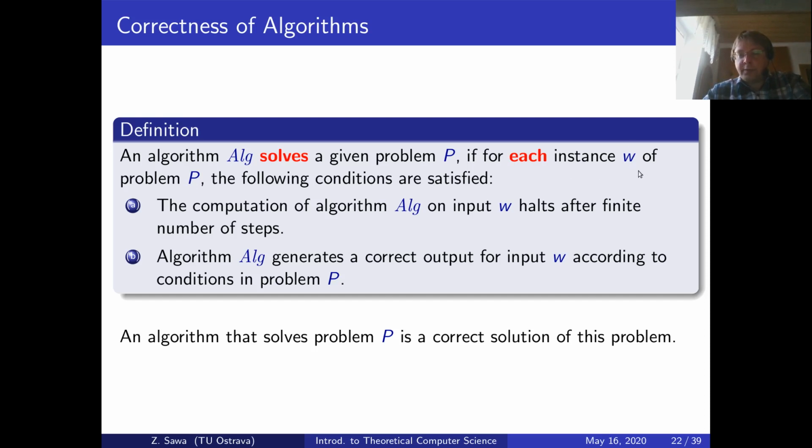by running the algorithm on the given instance we mean that for the given instance we have a corresponding initial configuration of the algorithm, and then the algorithm performs a computation.